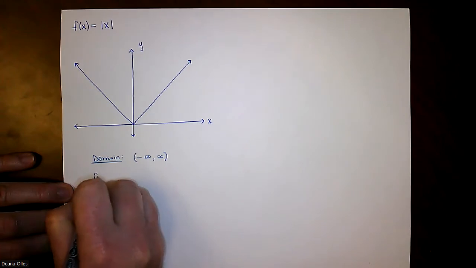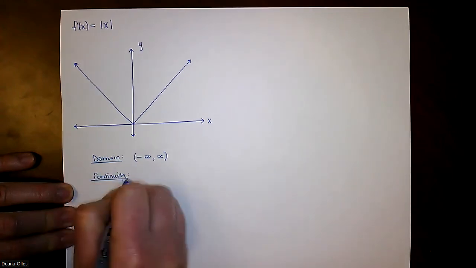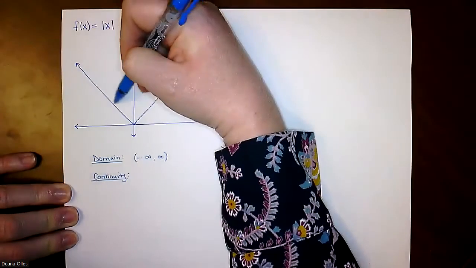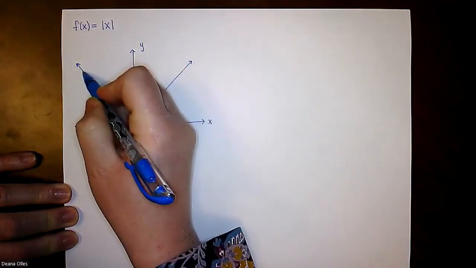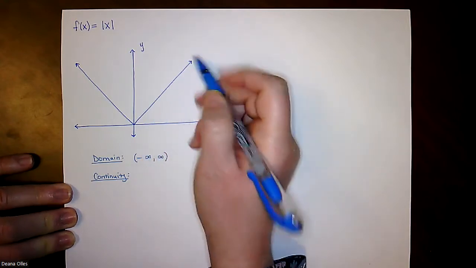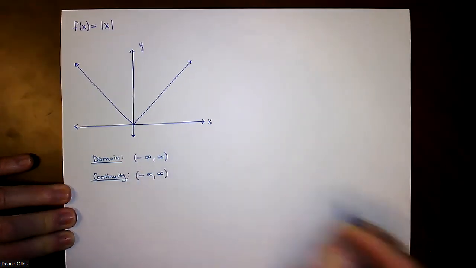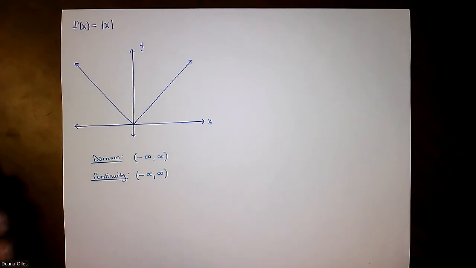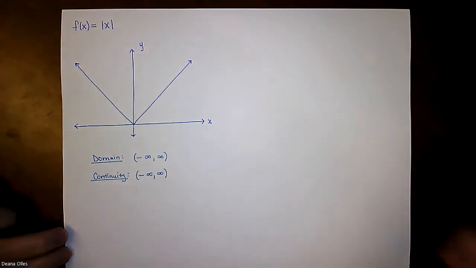And for that matter, again, a function is continuous over its own domain, as long as there are no issues. And if you look at it, you can keep drawing without your pen leaving the paper, right? So this thing is continuous from negative infinity to infinity as well. But we do have a problem with differentiability.